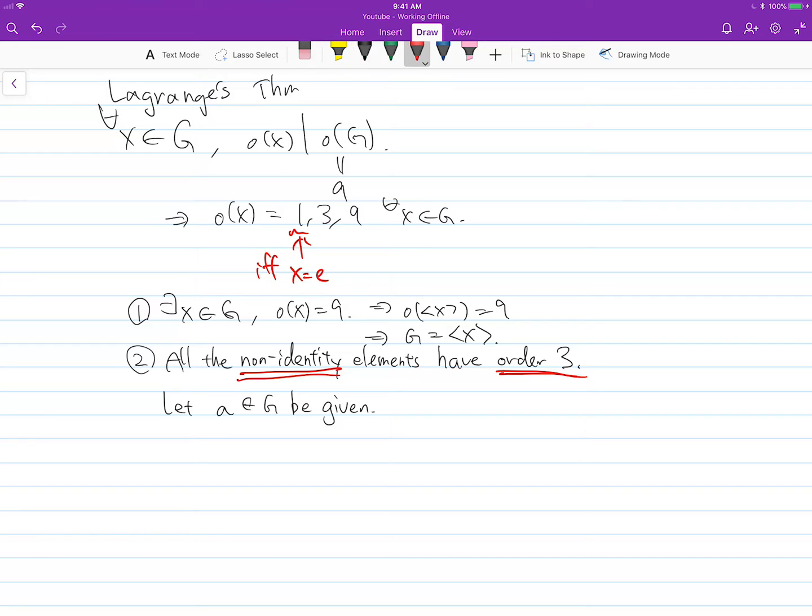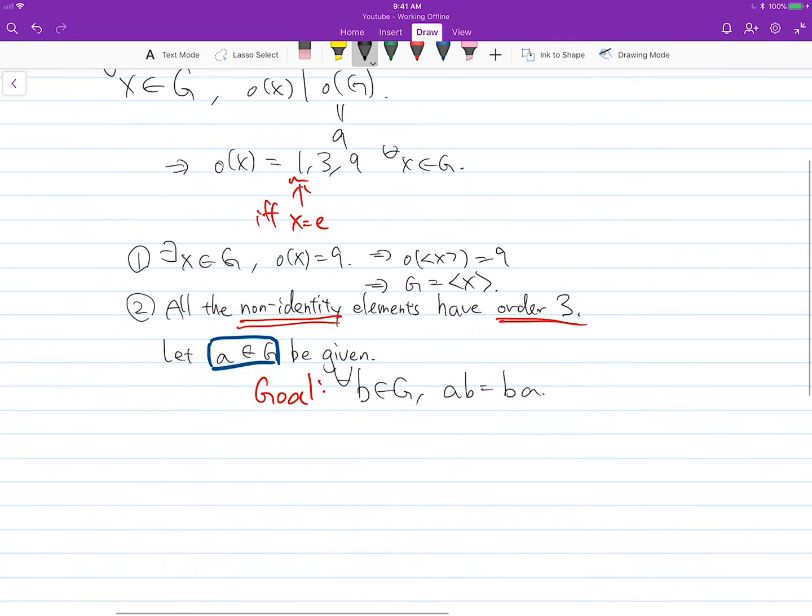Then the goal here is to prove that for all B in G, AB equals BA. Then since A was given here, that would imply that for every A, B in G, AB equals BA.